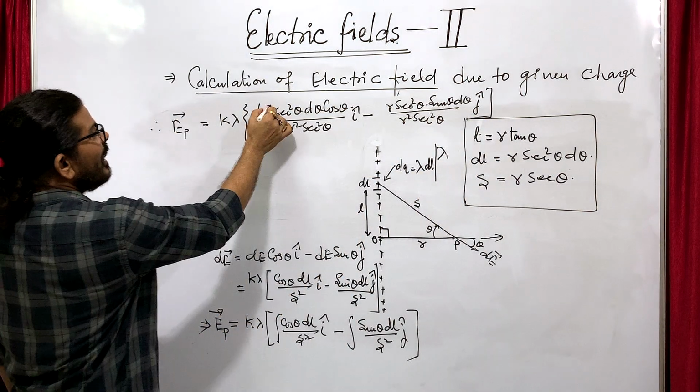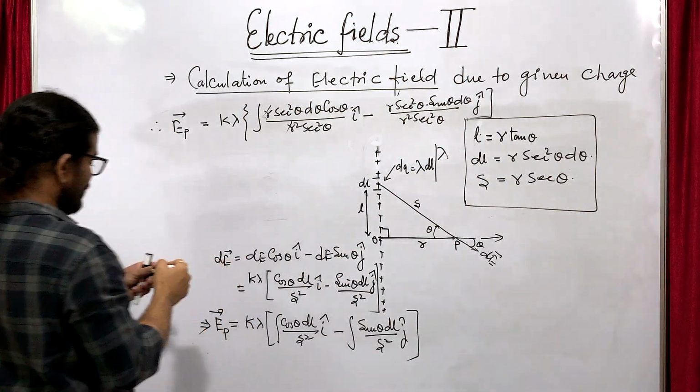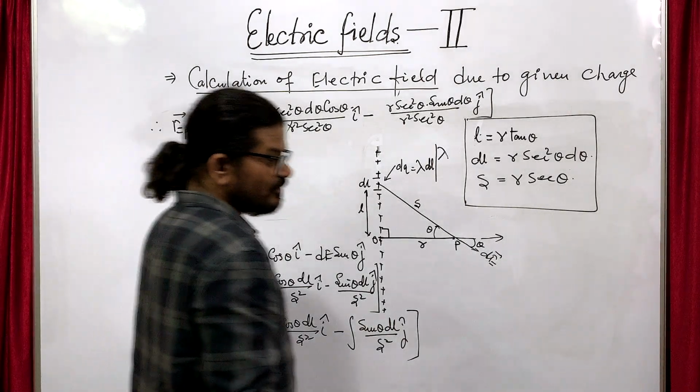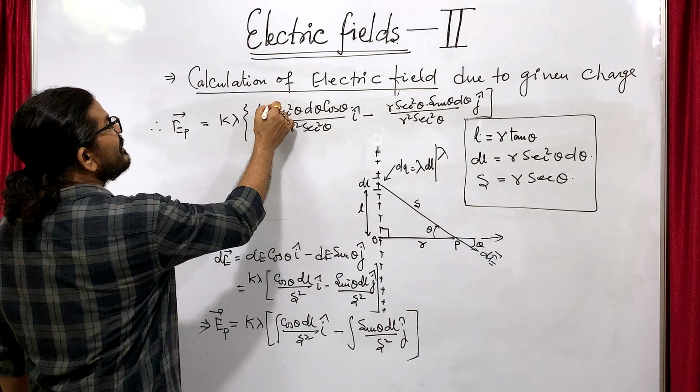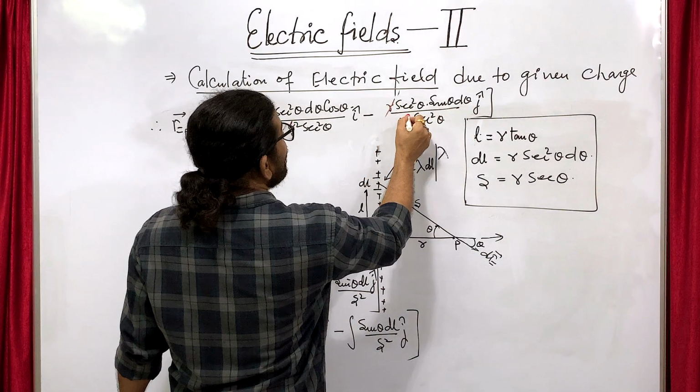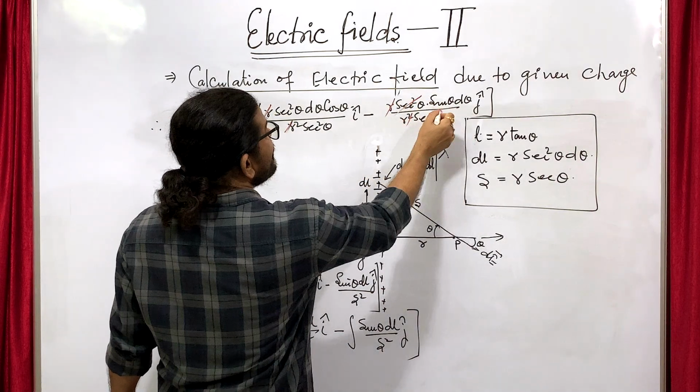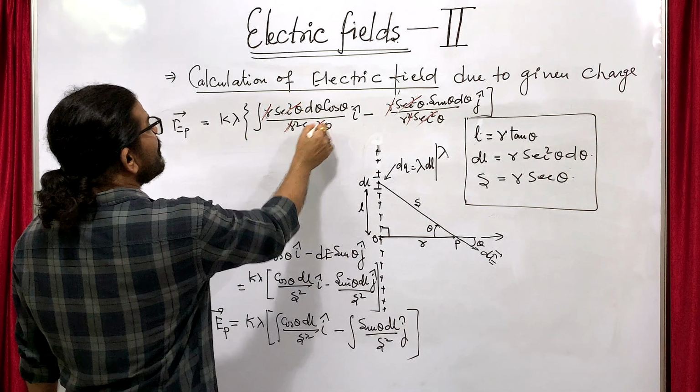Now see, R gets cancelled. Here I am using the red ink. So this is cancelled, this is also cancelled, this cancelled, here it is cancelled.